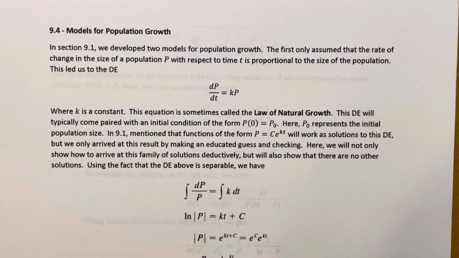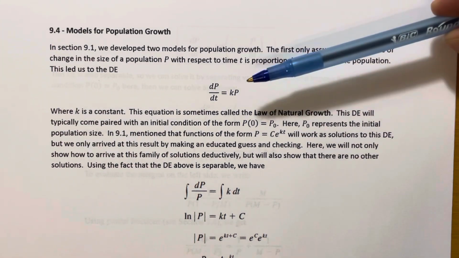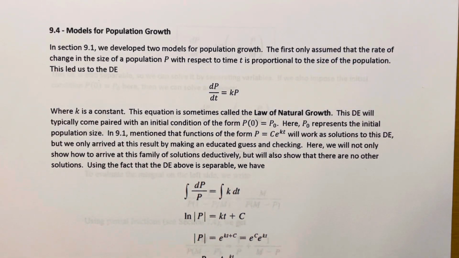So if an environment is overpopulated, you can exhaust your resources and starve out that population. Those sorts of things occur in reality, and so this one assumption for population growth is not really sufficient. Our logistic model will take more into account.